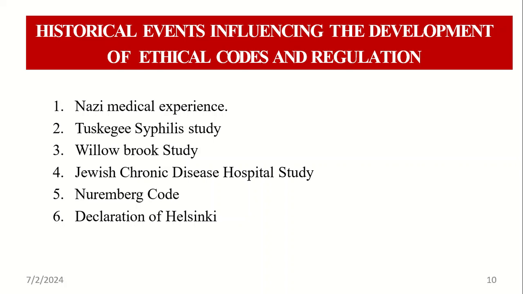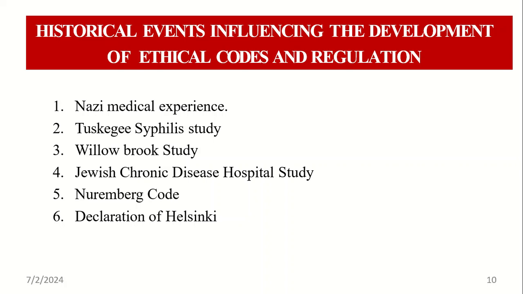Due to experiments like the Nazi medical experiments, the Tuskegee syphilis study, the Willowbrook study, the Jewish Chronic Disease Hospital study, the Nuremberg Code, and the Declaration of Helsinki. Some experiments went on, and those experiments were very harmful and very risky for the participants. Those were unethical in nature.